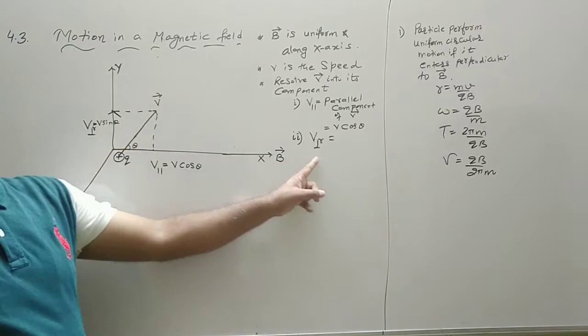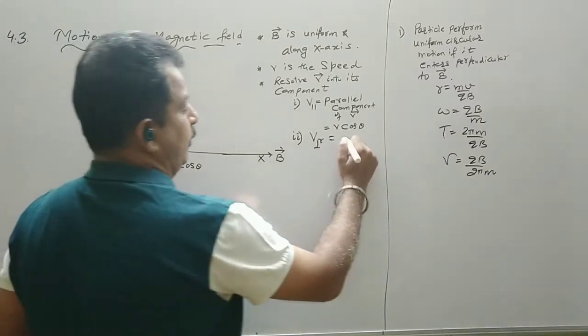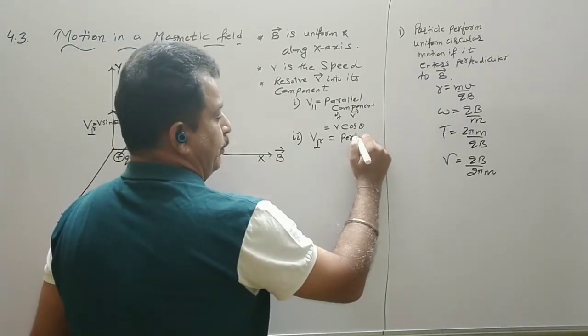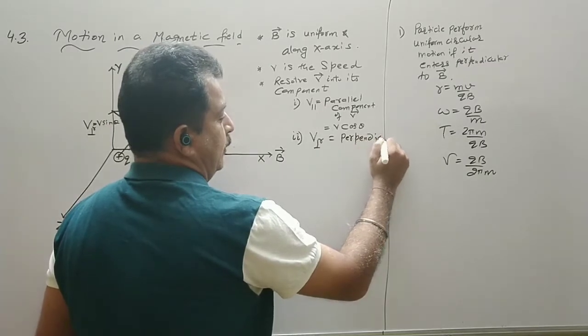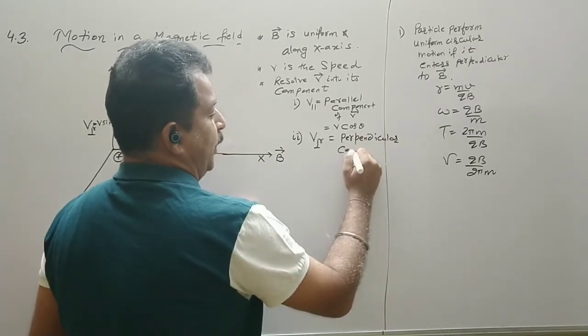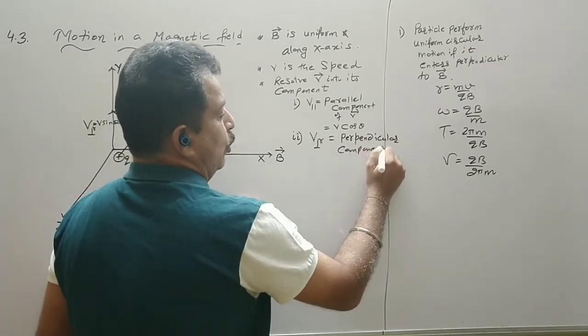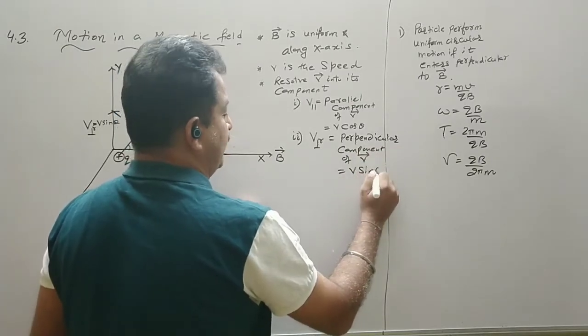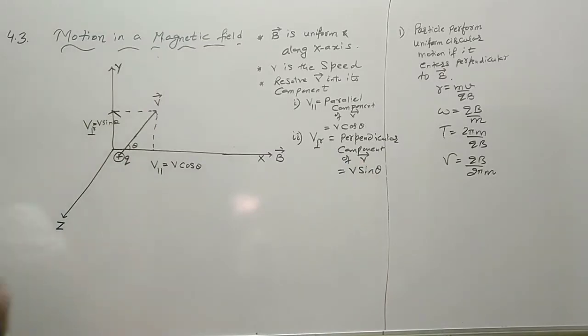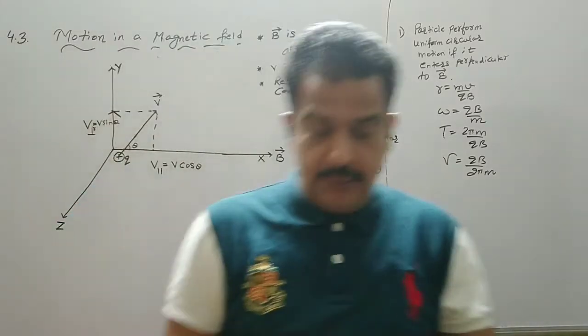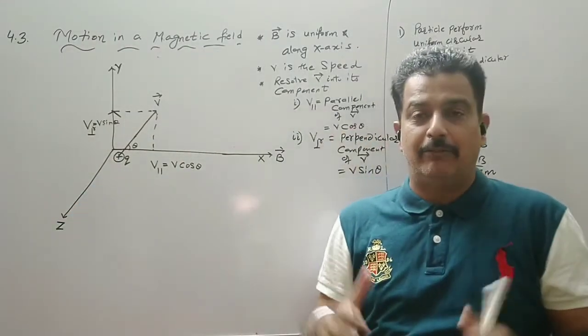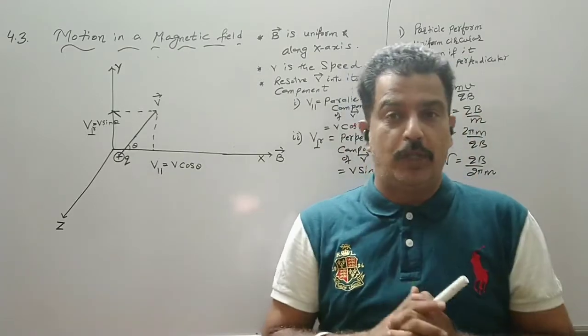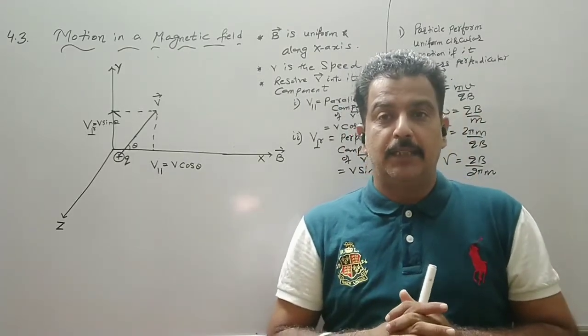So the second component, for which we use the symbol of perpendicular, will be referred to as the perpendicular component of the V vector, equal to V sin theta. So now we have two components: one is parallel to the B vector and one is perpendicular to the B vector.